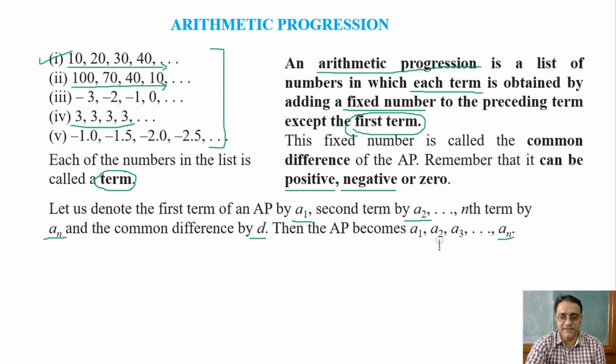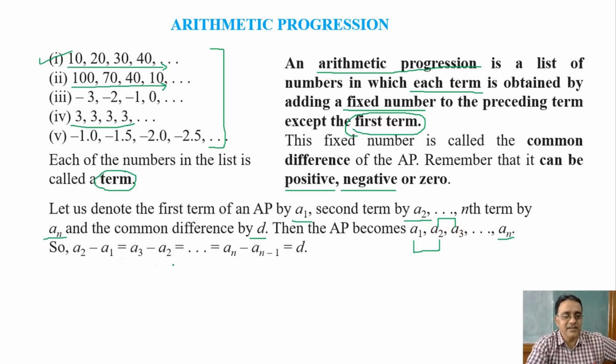The difference between these two, A2 minus A1, what is it? d. And A3 minus A2? d. So A2 minus A1, A3 minus A2, and so on, An minus An-1 is equal to d. Means if you subtract any term from its preceding term, then we get the common difference.